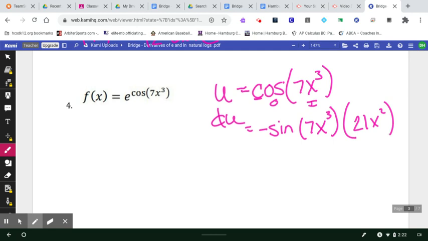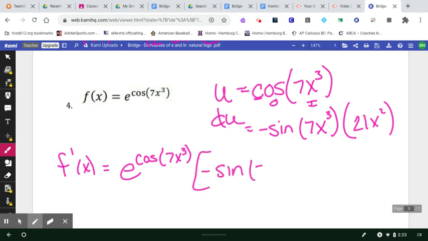So that is what I get for my du. So my derivative, f prime of x, equals e to the u, leave it alone, times the derivative of the inside. And then I'm just going to clean that up, of course, because I don't want to leave a negative here.